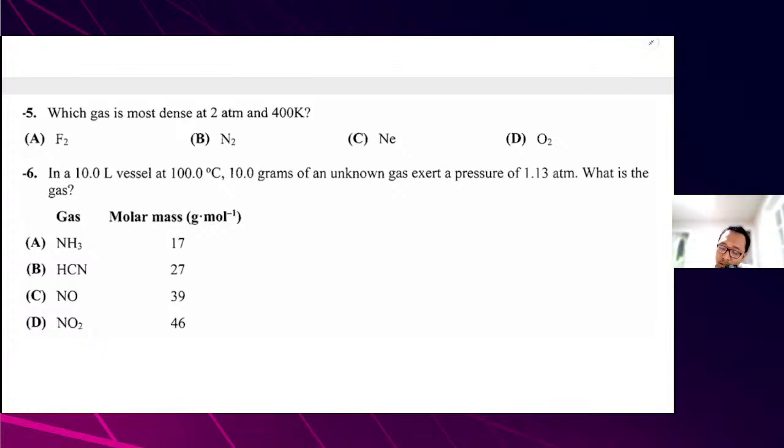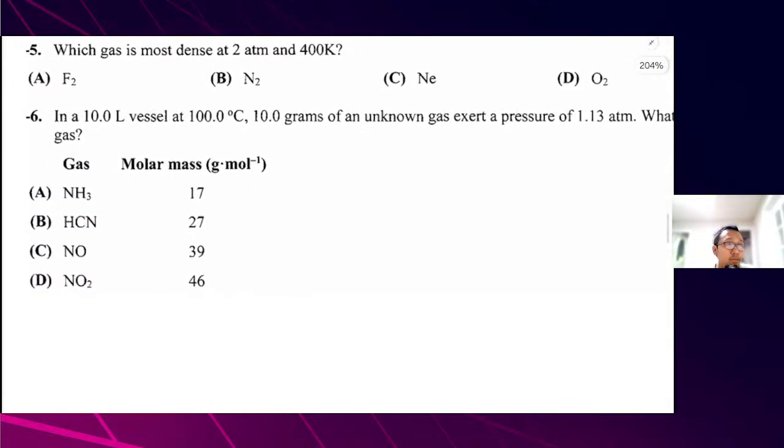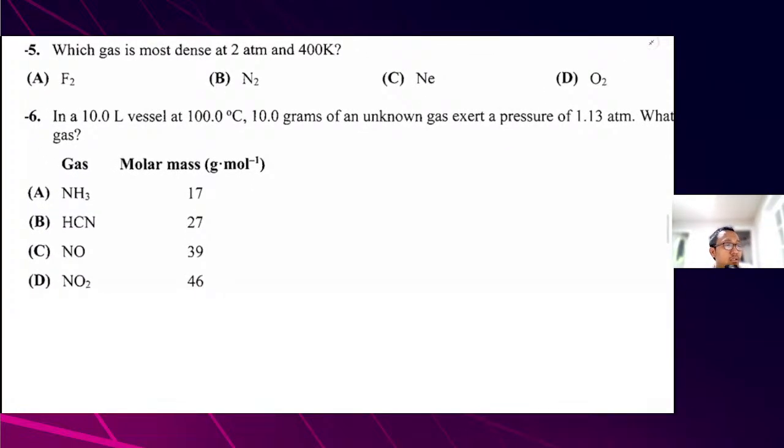Let's take a look at this question by using the formula PV = nRT. Oh, sorry, most dense.